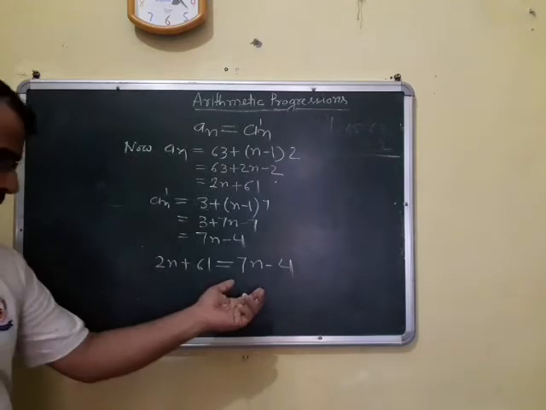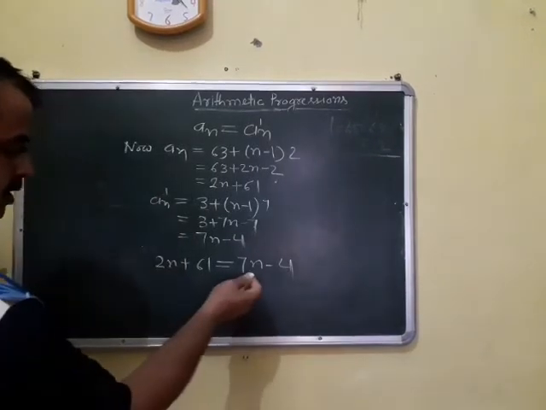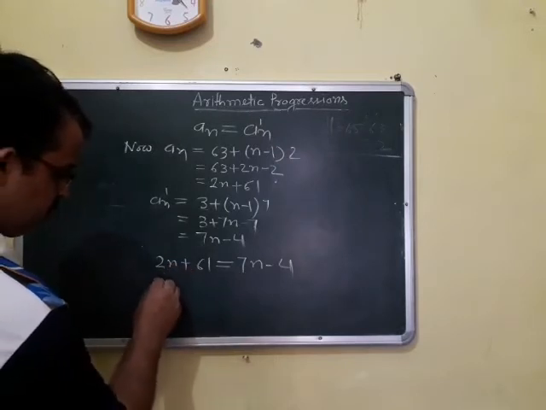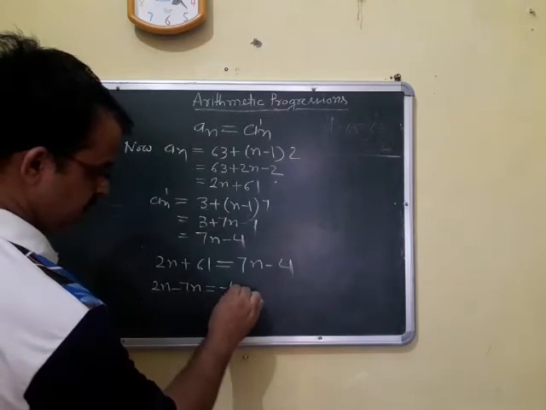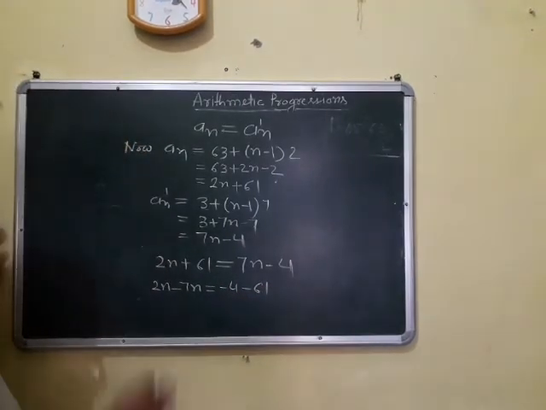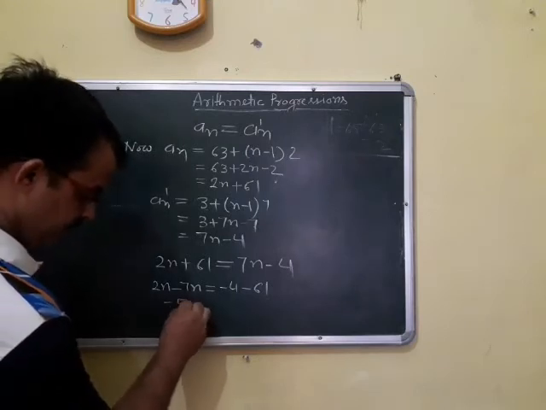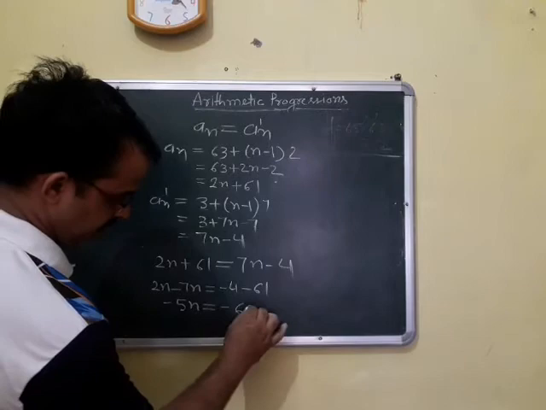Constant terms one side and non-constant terms one side. So look here, this one goes 2n minus 7n, and minus 4 goes minus 61. So we get here minus 5n is equal to minus 65.